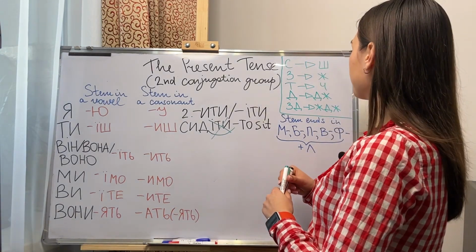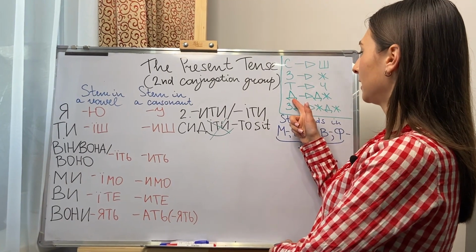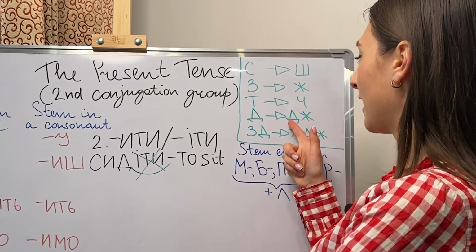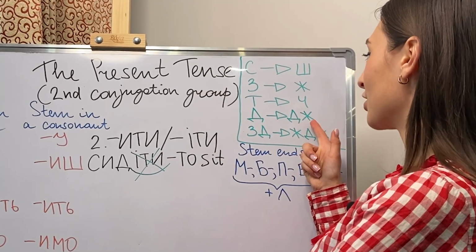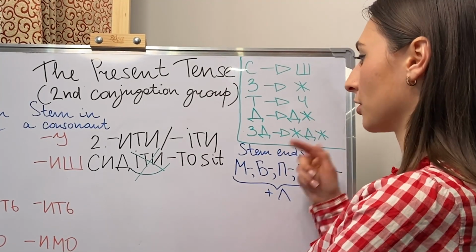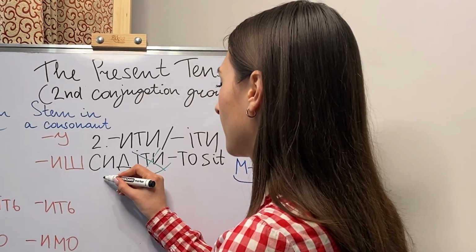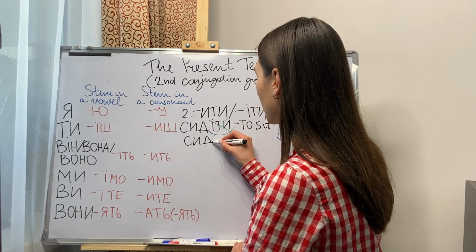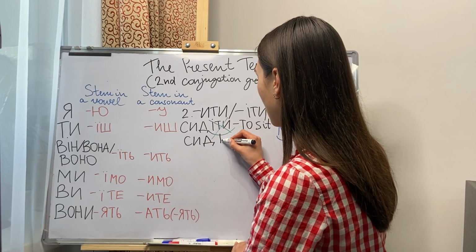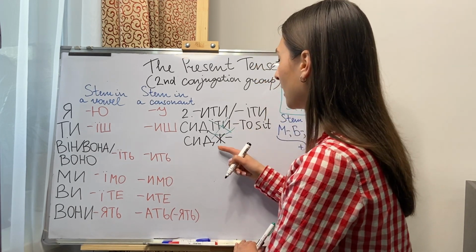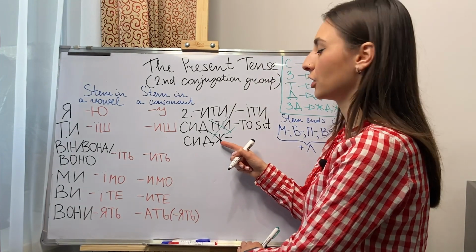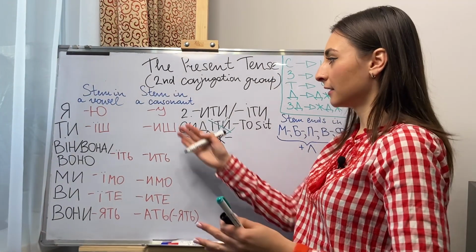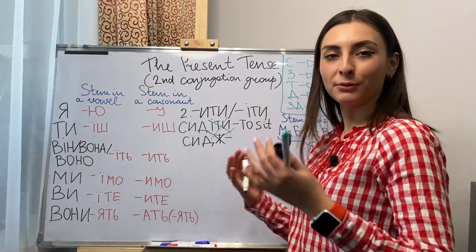And you see, we have d, and we have to add actually only j, so sidj. Let me write it down. So we have the stem sidj, and we say it ends in j. This is a consonant. Again, this list is useful for us.